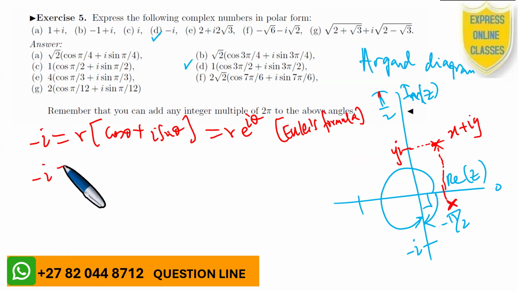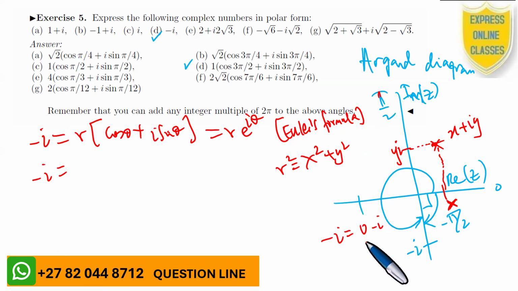Which means you have minus i. What is the radius? To find r, use r squared is x squared plus y squared.